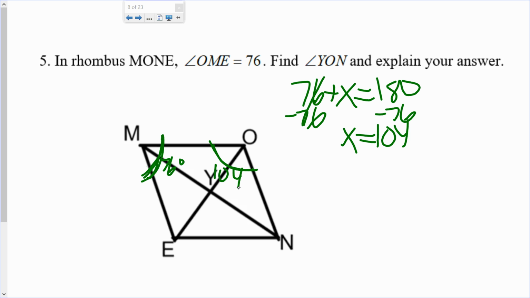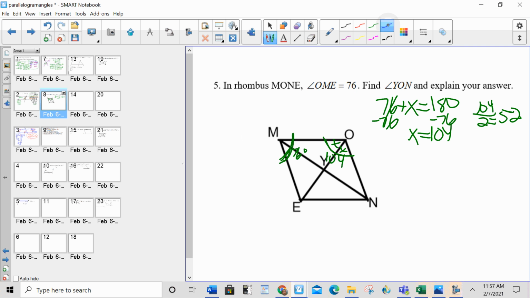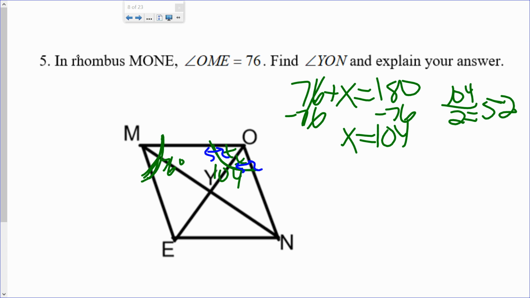Now it wants this piece. Well, in a rhombus, the diagonals bisect the angles. So that angle is being cut in half to be 52 and 52. And it's asking for angle YON, so angle YON is 52.